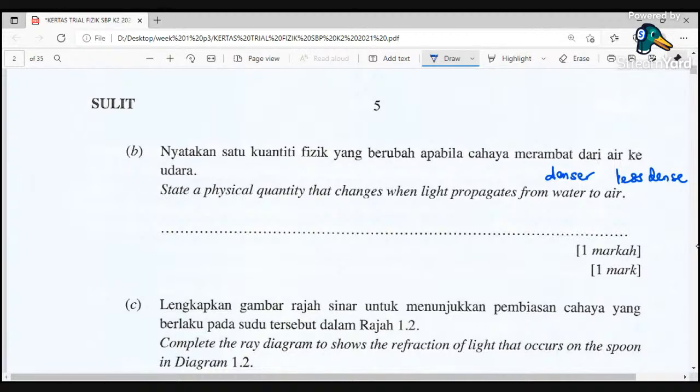The bending of light is caused by change in speed. State a physical quantity. Don't state direction. The physical quantity that changes when light propagates from water to air is speed of light or velocity of light. Okay, velocity is okay.